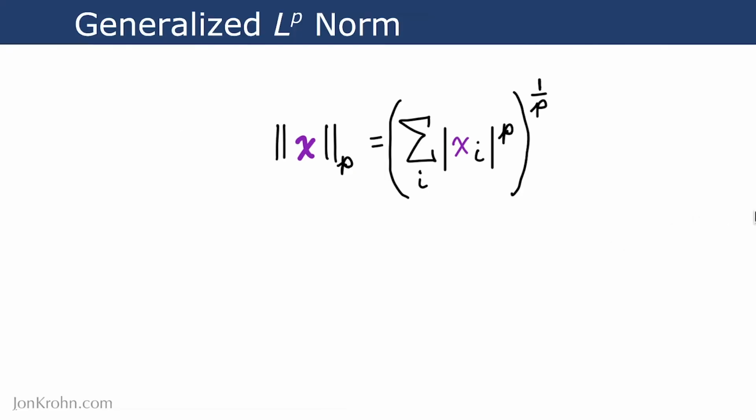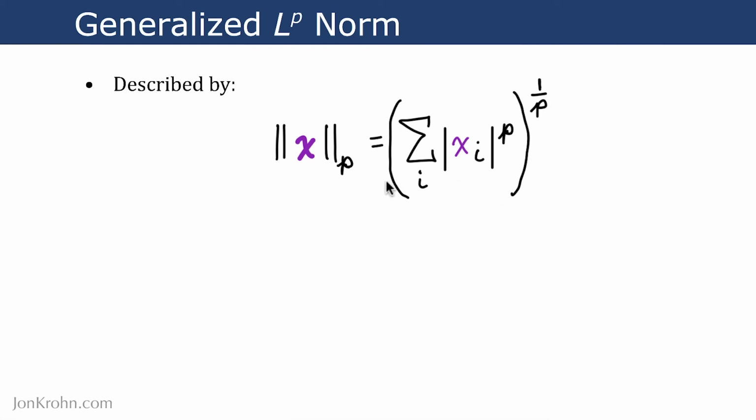All right, finally, we can generalize our idea of norms to this Lp notation. All of the norms that we've covered, L2 norm, L1 norm, squared L2 norm, and L-max norm, are all actually specific cases of this generalized Lp norm. So here's the formula. I can leave it to you to go through it and prove to yourself that each of the norms we've covered fits this formula.